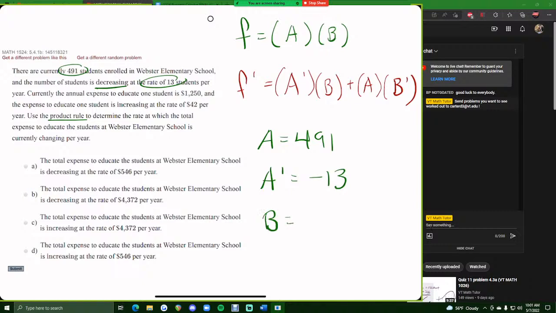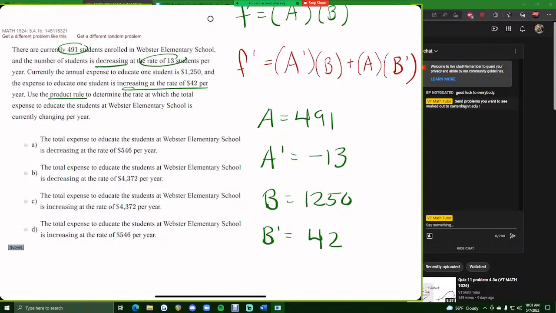The next value they give you is the 1250. That's just a regular value. And then that next value, they are describing how the annual expenses are increasing. They're describing the rate of change for B. And they say it's increasing at 42, which means it's a positive 42.